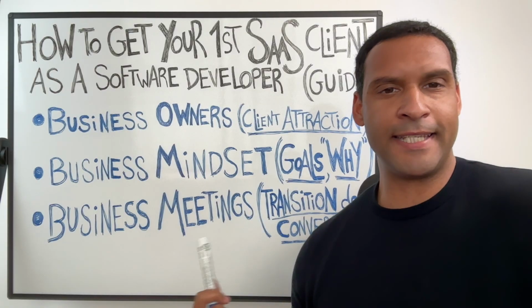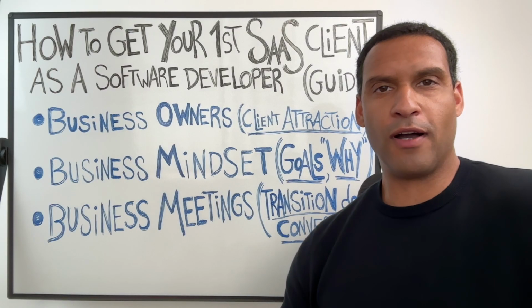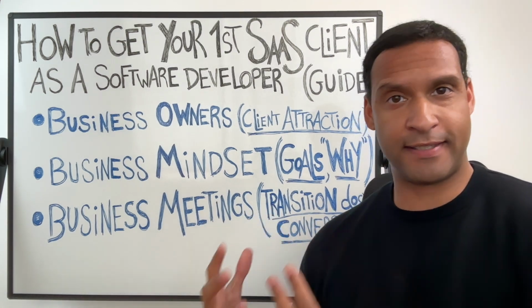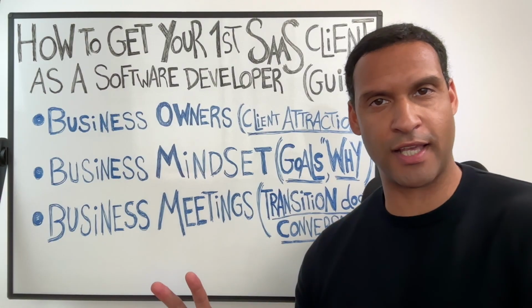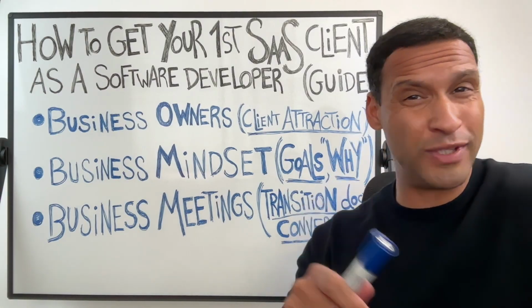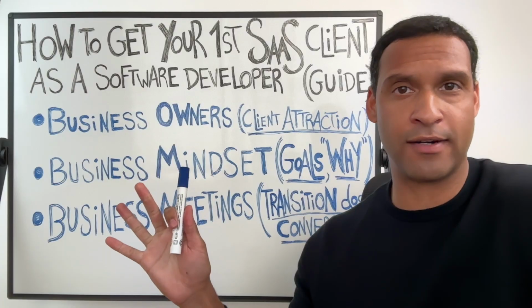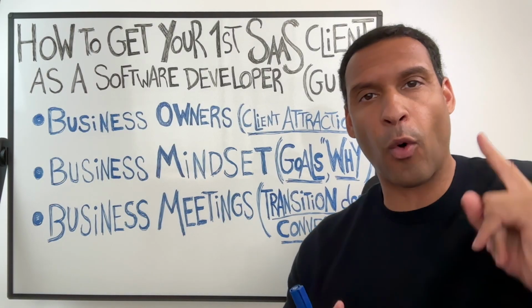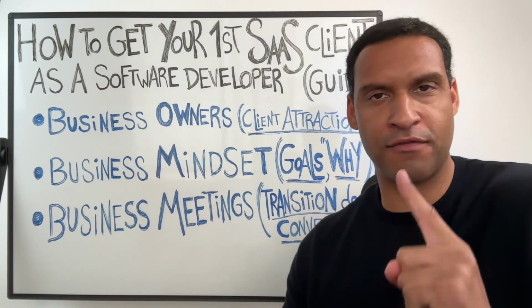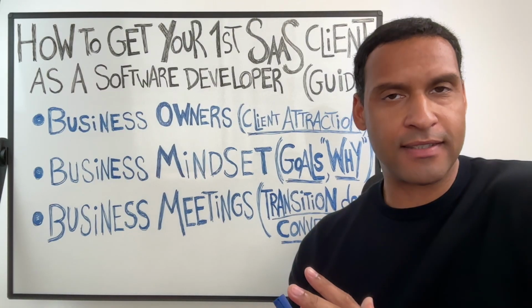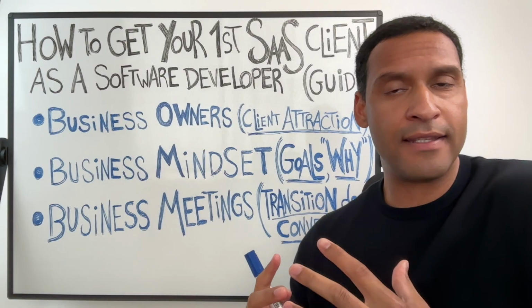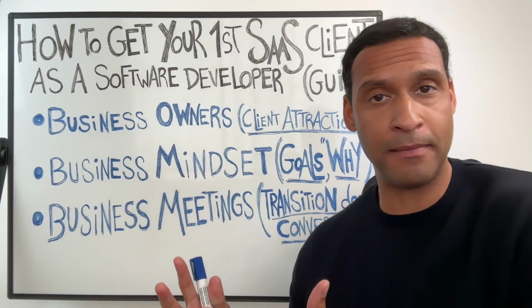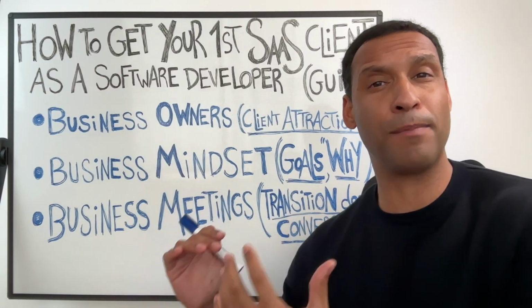Thirdly, business meetings. What you're going to do when you get those business meetings, what you're going to say to differentiate yourself so that they can choose you. There's tons of different developers out there, right? How do you come across as the one solution, the one service provider they need, so they convert, start working with you, and you build a relationship long term?